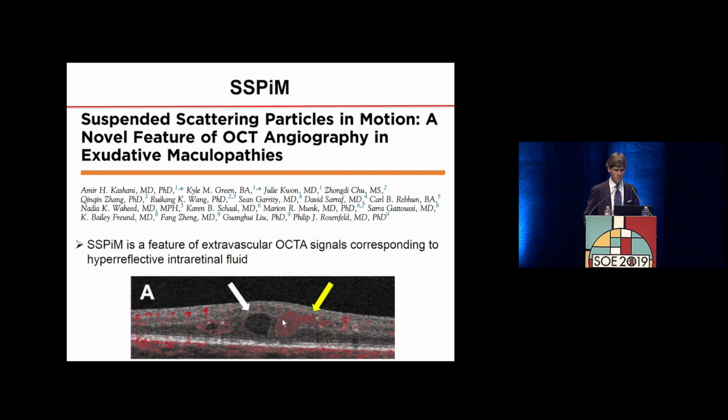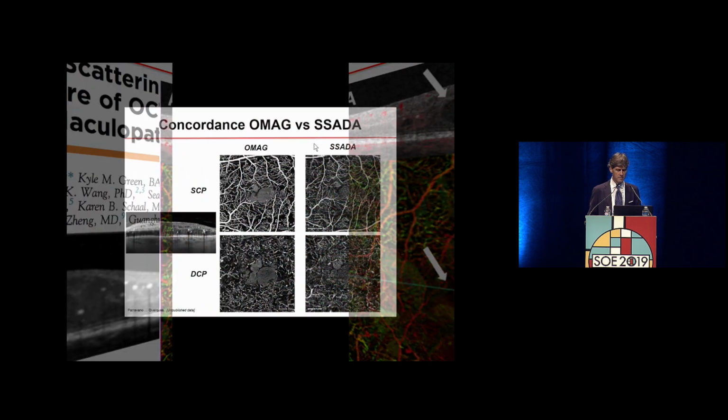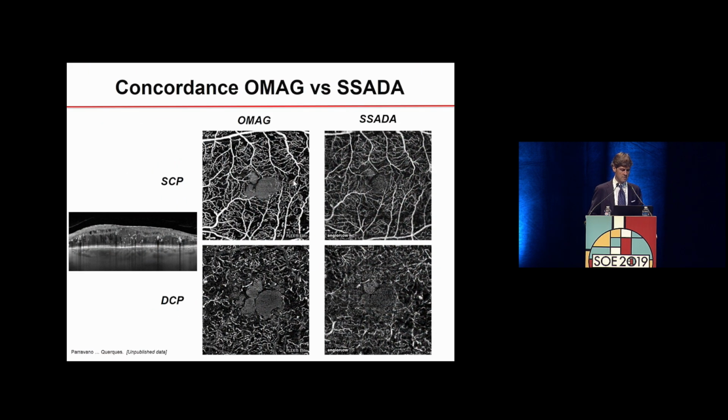But indeed, this is not flow. And so you can see how also cysts, based on the SPIM analysis, may appear as grayish. So nowadays, we cannot state that if we see something that is grayish, this means non-perfusion, because also cysts may have this appearance.